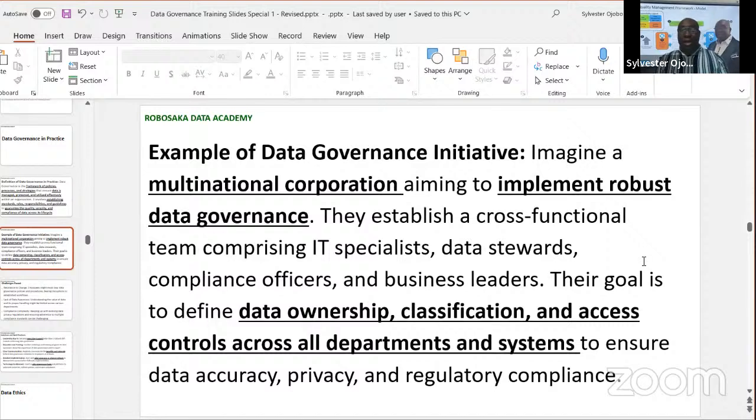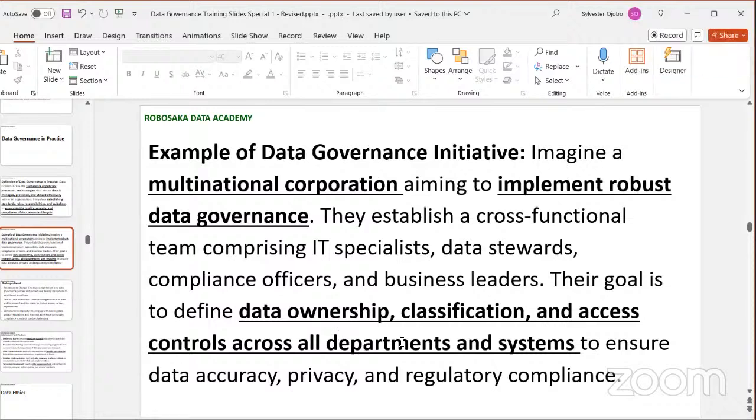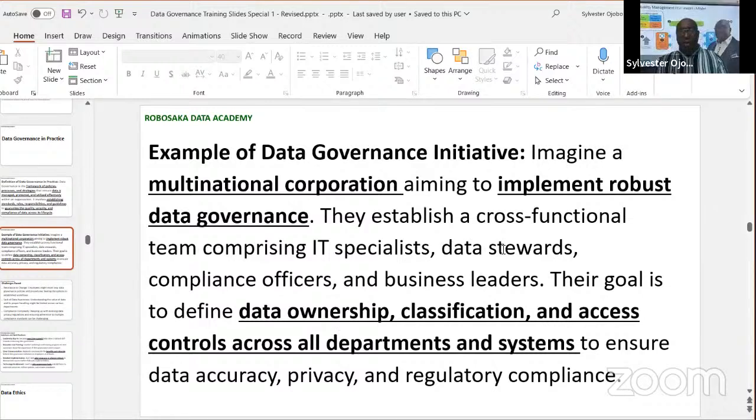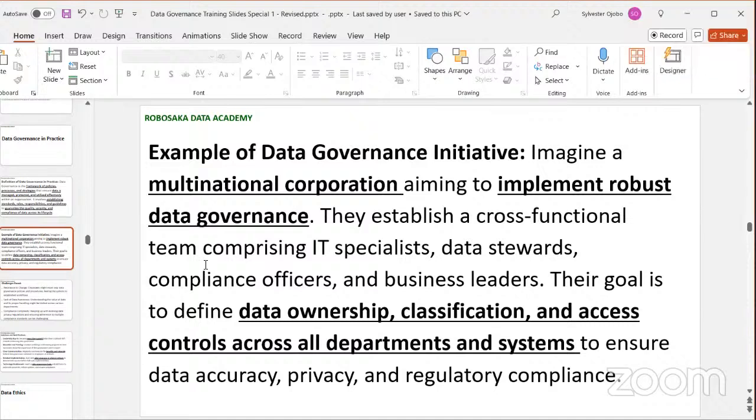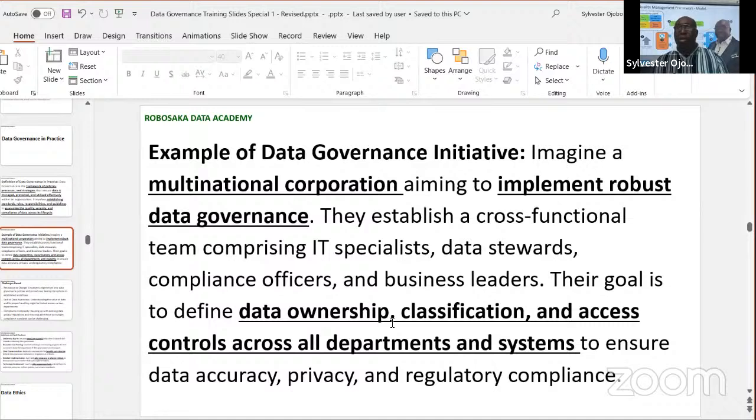To get data ownership, you need to do what? Collaborate. With who? All cross-functional teams, who have to be custodians of data in their domain.